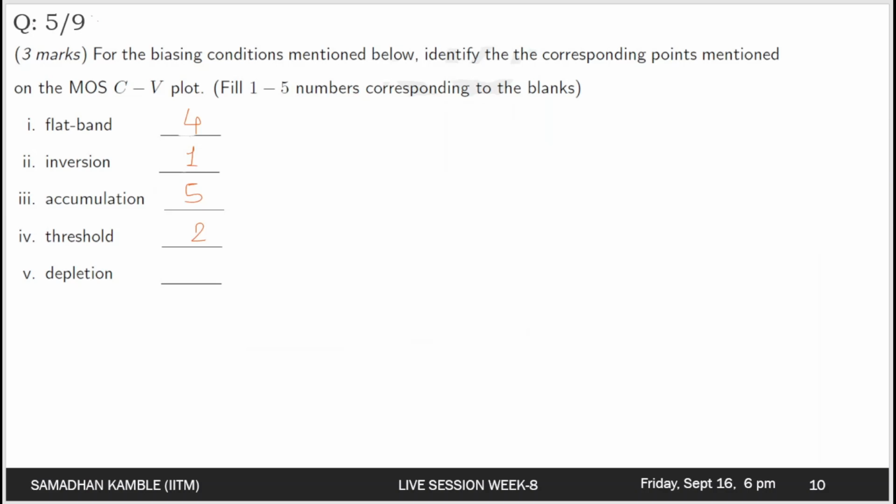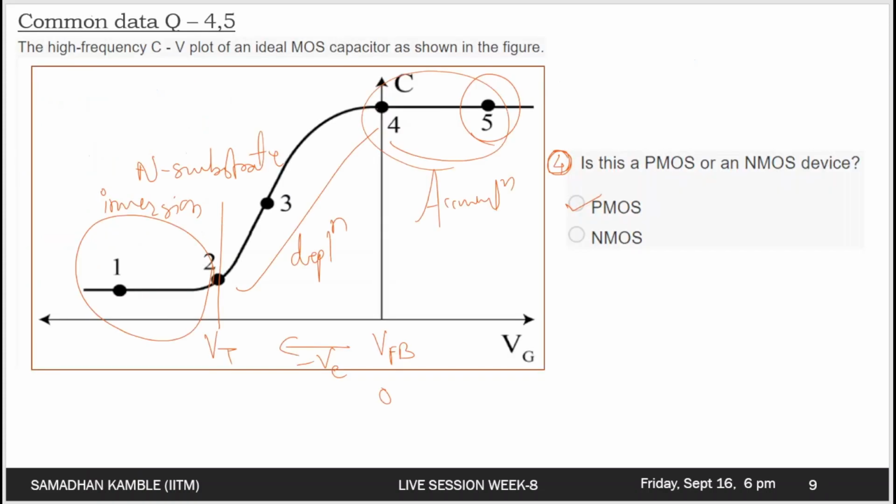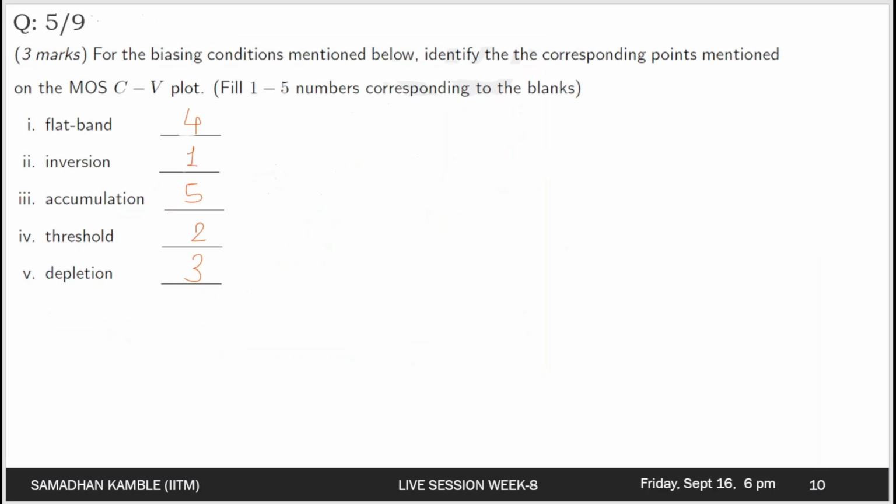So depletion is at the third point basically. Am I clear here, or do you have any doubt in question number 4, 5? If not, I think I'll move to question number 6 then.